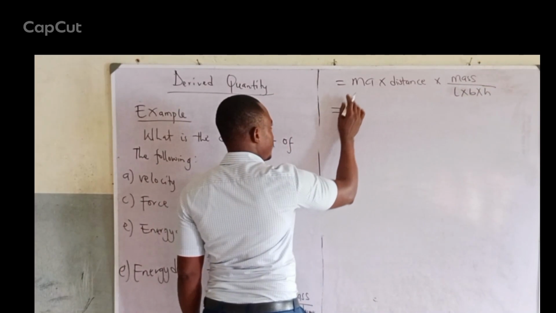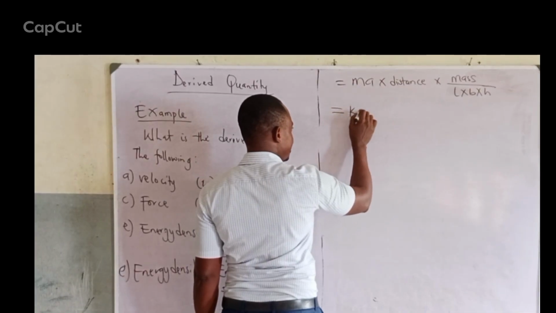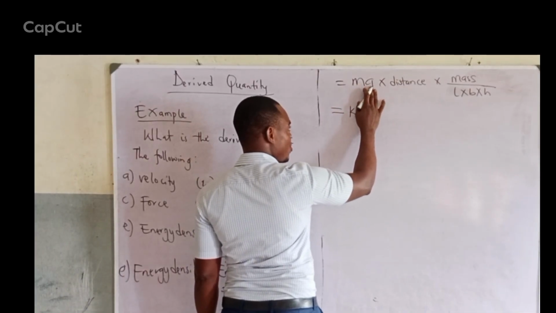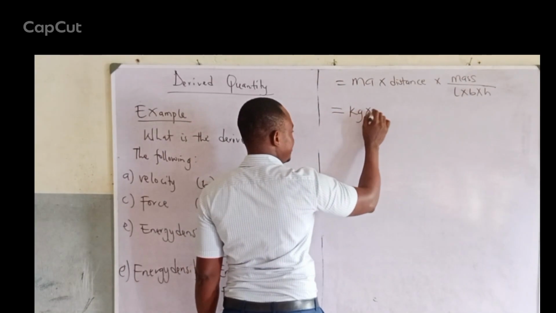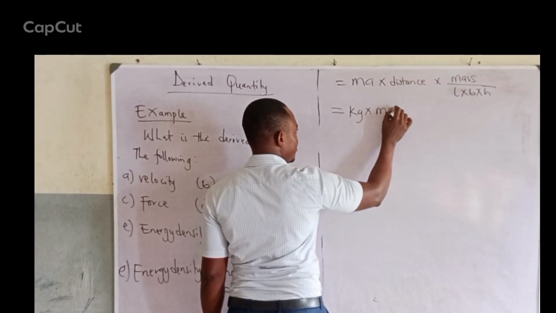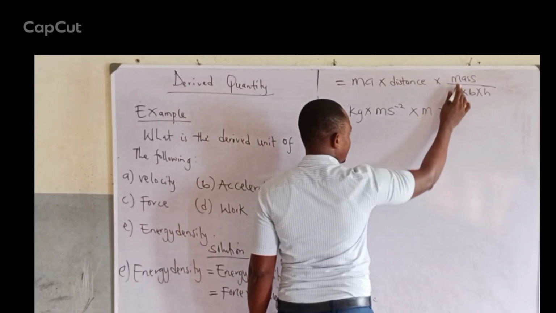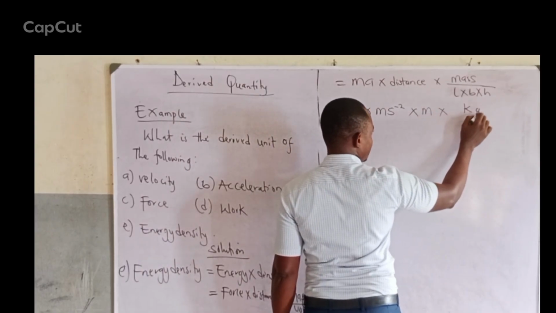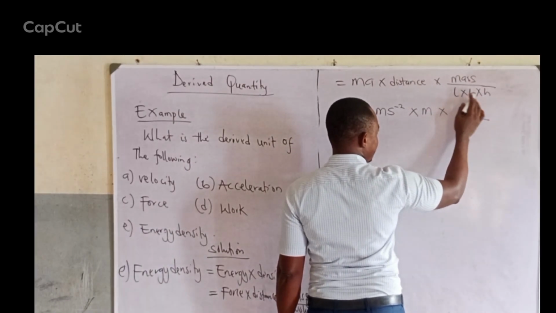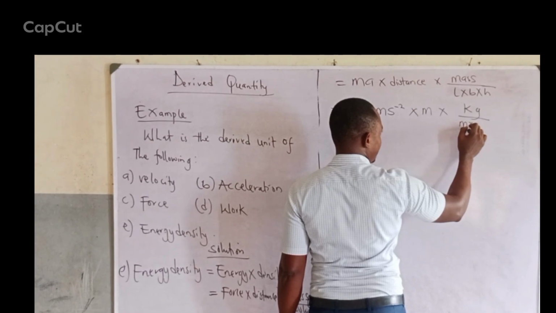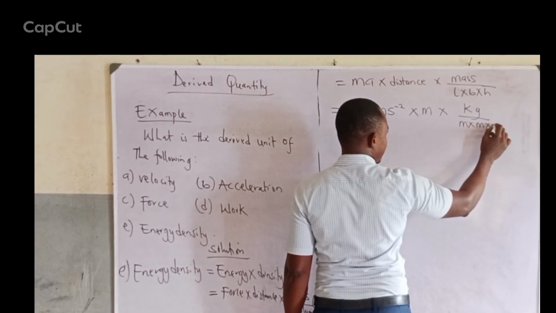Now mass is kg. Acceleration, we have found before, is meter per second square, times m, times mass kg, over length m, breadth m, height m.